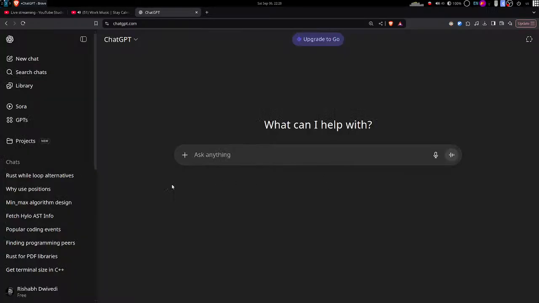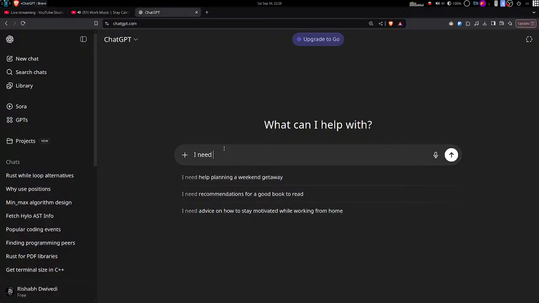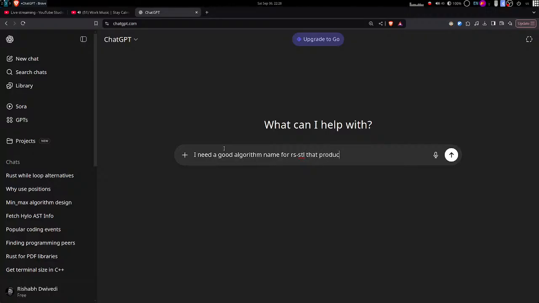Let me read that. I need a good algorithm name for Rust STL that produces a split iterator for collections.